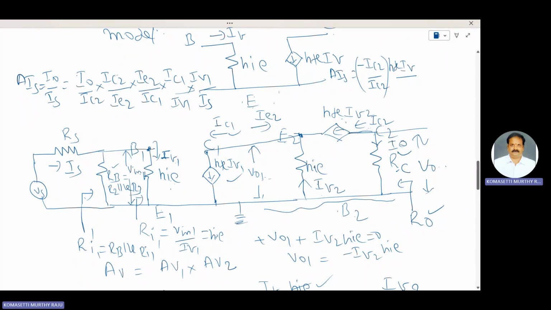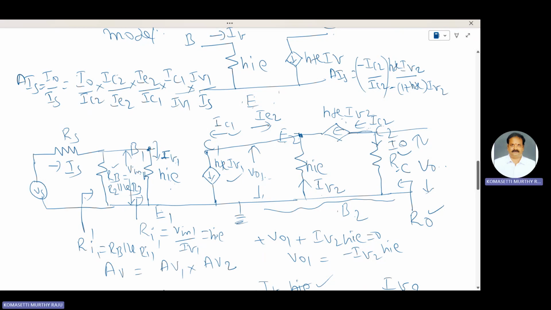IE2 is equal to the sum of three currents entering that node. Therefore, IE2 is equal to minus of 1 plus HFE into IB2.